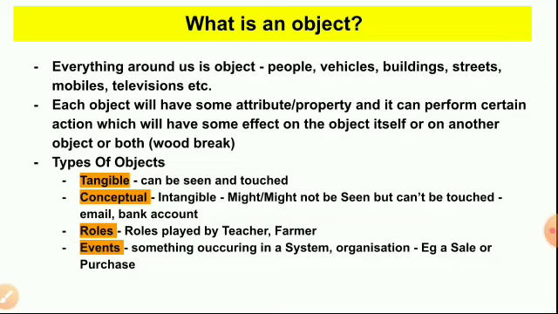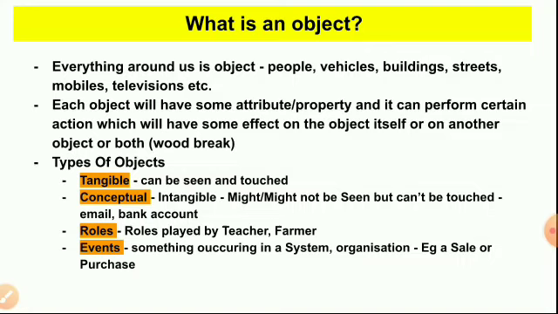For example, a teacher plays the role of teaching, a farmer plays the role of farming, a soldier plays the role of fighting, isn't it? So all objects, or at least some objects, will have some kind of roles associated with them. So this is known as roles.